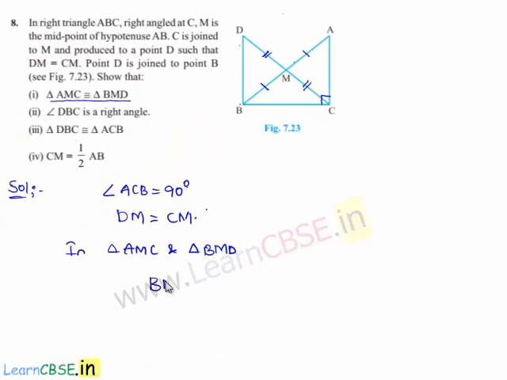BM is equal to AM, since he has given in the question that M is the midpoint of hypotenuse AB. And second, he has also given that CM is equal to DM.